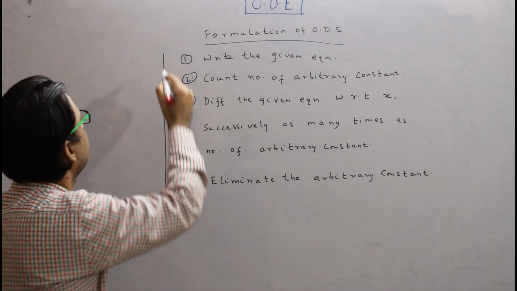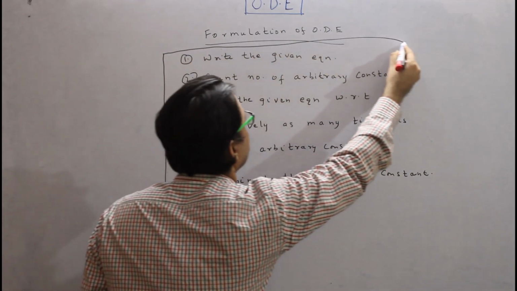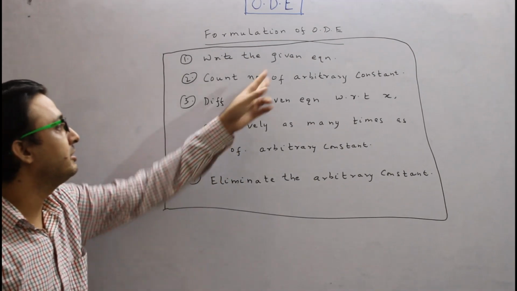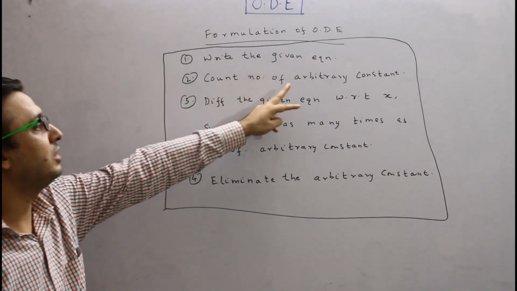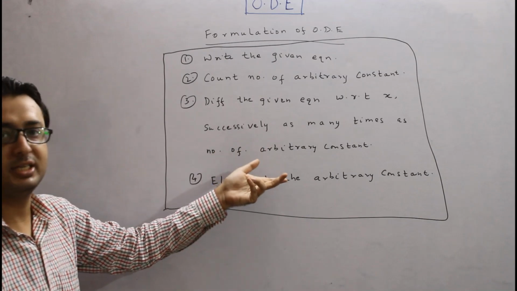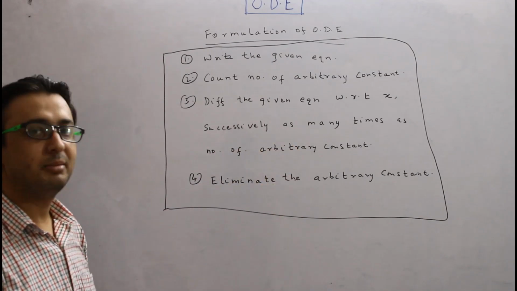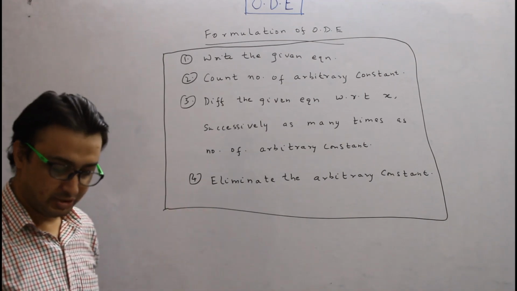Please make a note of this algorithm. That is, when the equation is given, we count the arbitrary constants, differentiate it as many times as there are arbitrary constants, and finally eliminate the arbitrary constants. So this is the procedure.